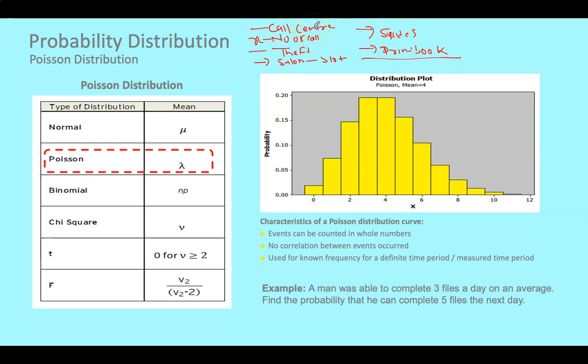What I'm trying to tell you from this example is that Poisson distribution is applicable in any situation where events occur at random points of time and space, wherein our interest lies only in the number of occurrences of the event.